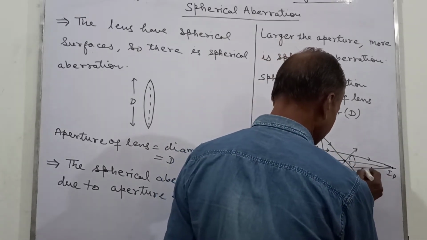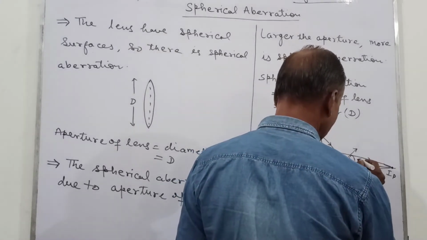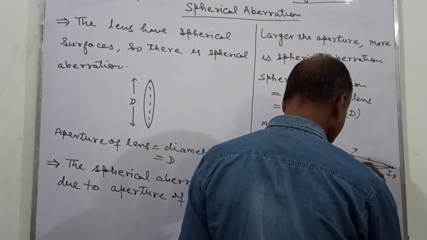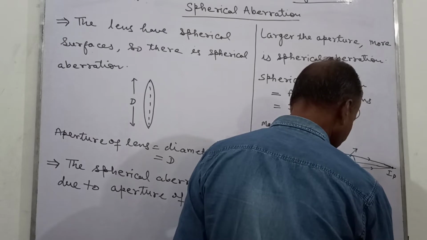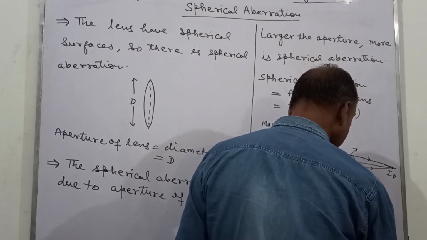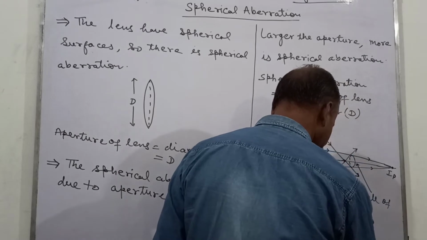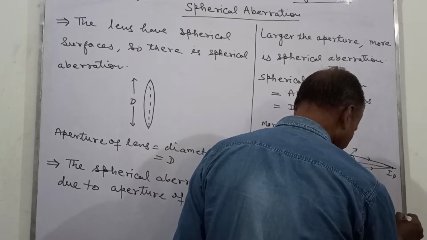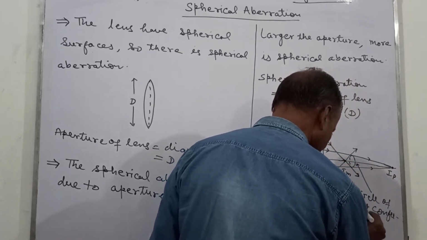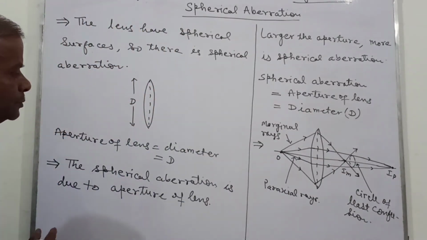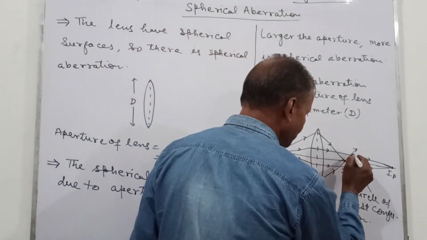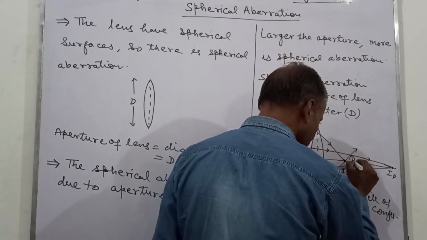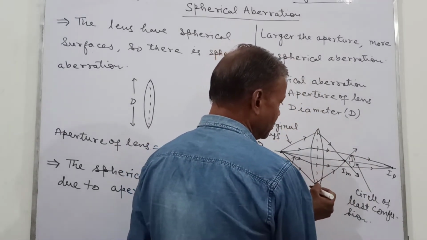And this is now suppose its radius, this so much. This is the radius of this circle.